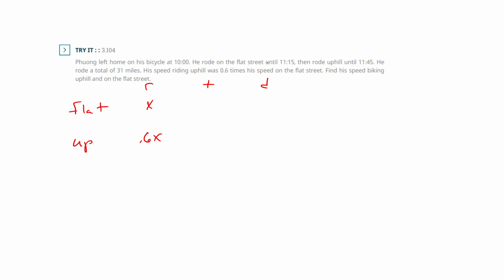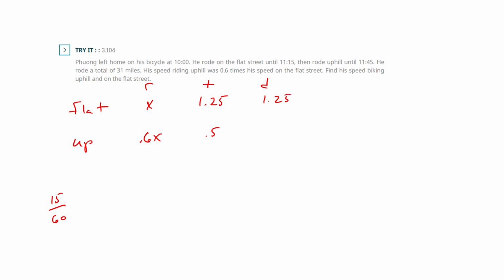So he went an hour and 15 minutes on the flat ground. Remember, what I'm doing with 15 minutes is dividing it by a whole hour, and that's the 0.25. So an hour and 25 from 10 to 11:15. Then he rode uphill until 11:45. So he spent 30 minutes going uphill, which is half an hour.